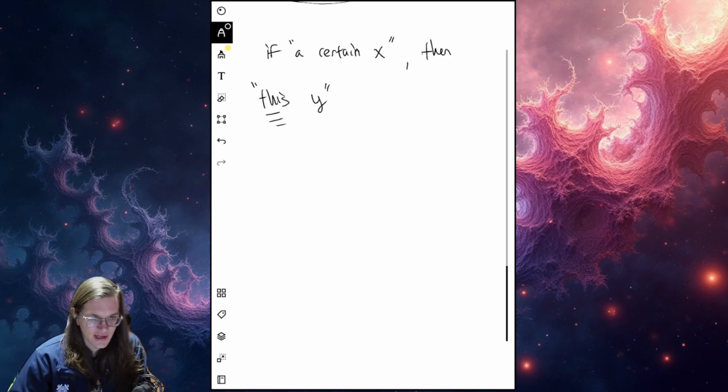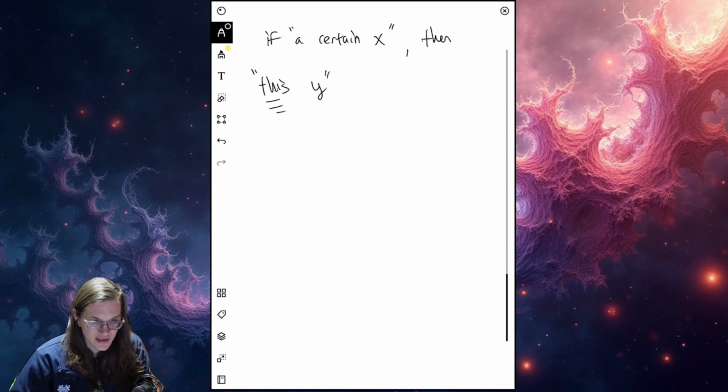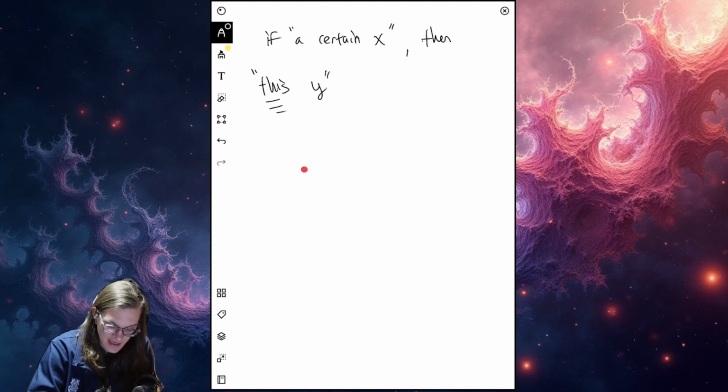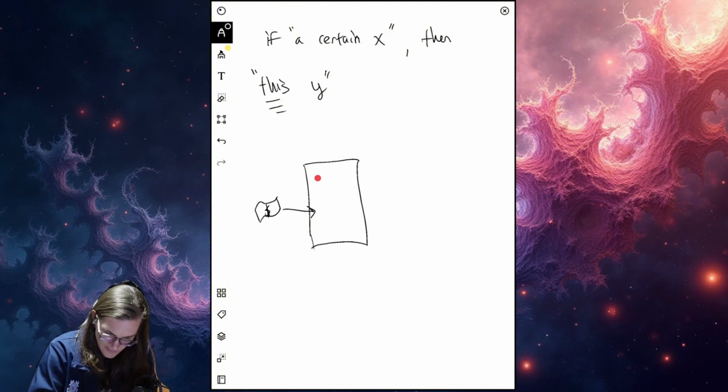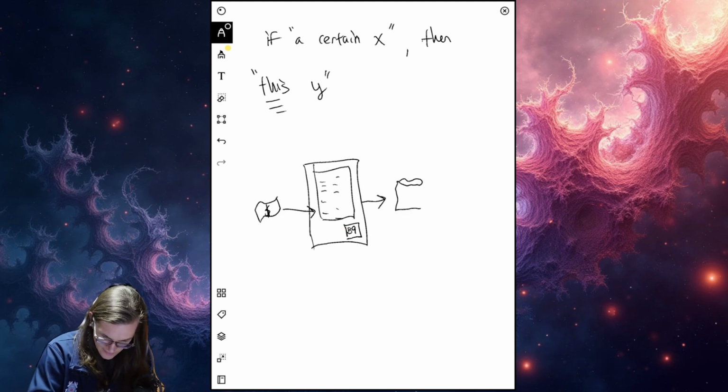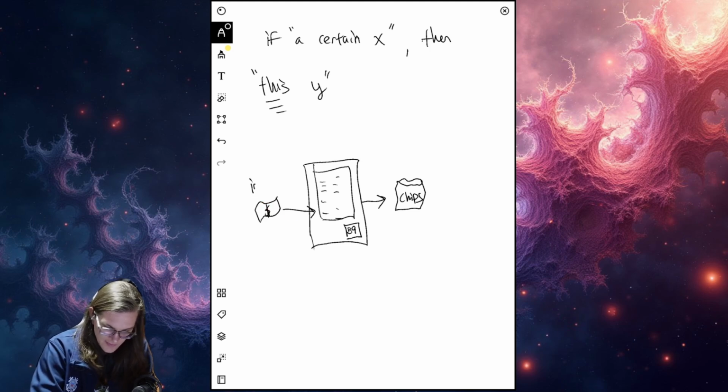Another decent analogy is a vending machine. If you put money into the vending machine, that's your input. You press the button and you get a specific snack out. You don't get a random snack. So money goes into the vending machine. These are all the different snacks on here. Say you input B9, then you're going to get out the bag of chips. When you put the dollar in, that's your input, and when you get the chips out, that's your output.